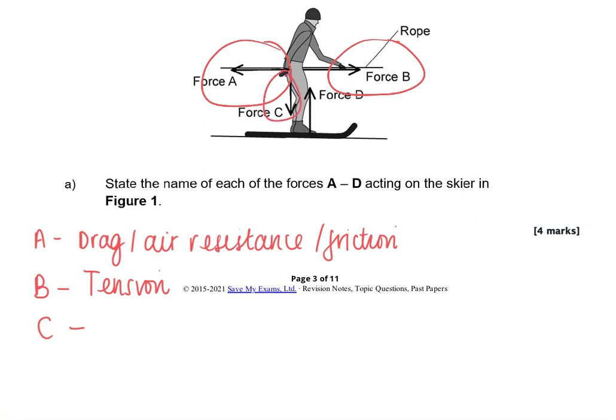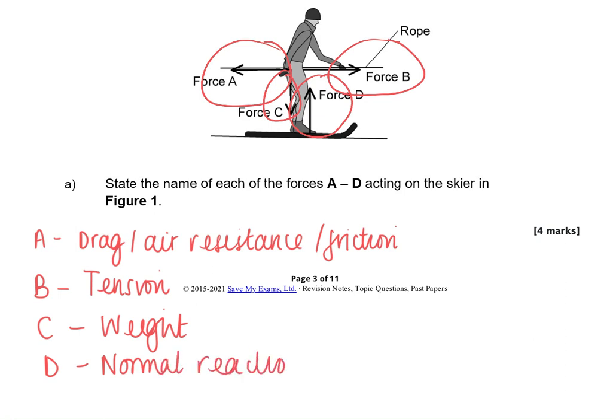C, so that's our force going down. That's going to be his weight due to gravity. And then D, that's the force going back up again. That's our normal reaction force or our normal contact force. It is important when labelling these to use the word normal because that shows it's at 90 degrees to the ground.